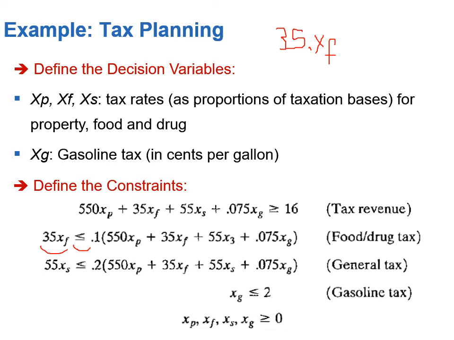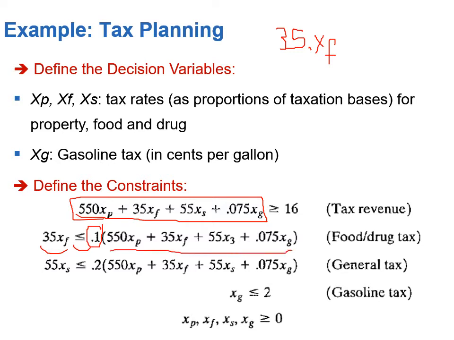So what is the total tax that we are collecting? In fact, that's this one here. This is the total amount of tax that we are collecting. And it says that the tax for food and drugs must be less than or equal to 10%. That's why we are multiplying it by 0.1, 10% of this total tax. So this is the second constraint.